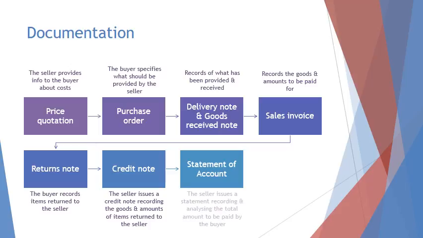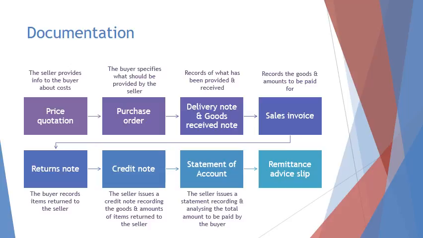Next, we have statements of account. This is a document that's issued by a seller and records the amount that's outstanding and should be paid for by the buyer. And finally, we've got the remittance advice slip. This is a notice that is sent by the buyer along with their payment.